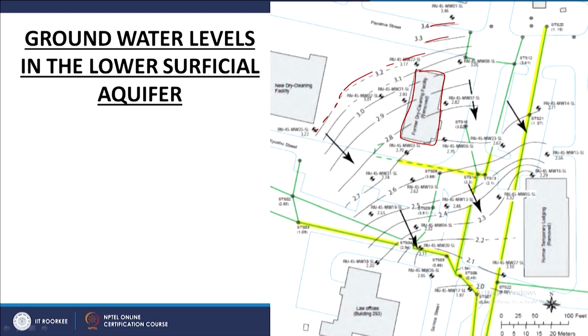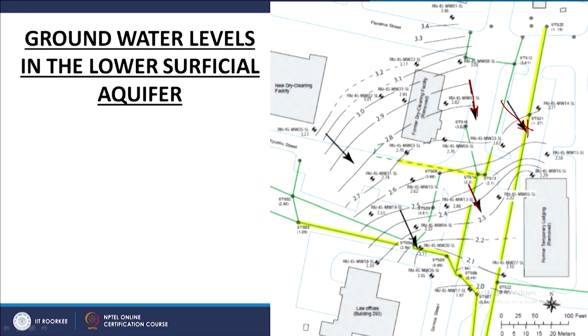If you look at this level, you see the gradient, and you can deduce that the groundwater flow is in this particular direction. That is what we have out here, the groundwater flow direction, and again you have some localized patterns here, which are represented here.